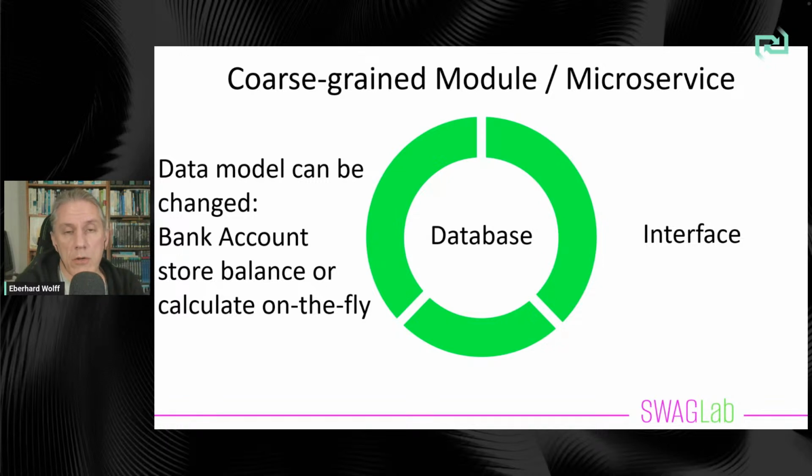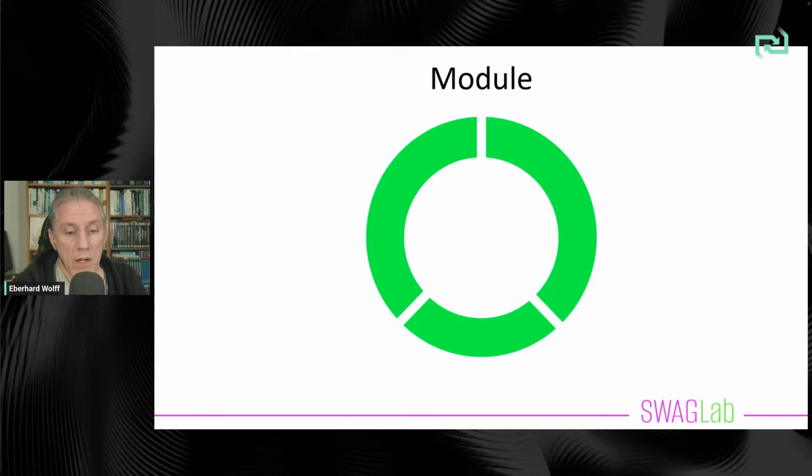And you can either calculate that on the fly with all the transfers stored in the database, or the alternative would be that you just store the balance in the database. So either the transfers or the balance. And others won't notice if you change that. So modules have a data model inside and an interface.